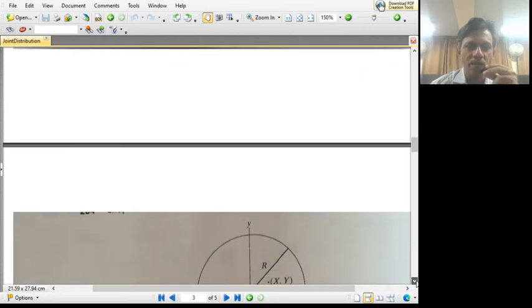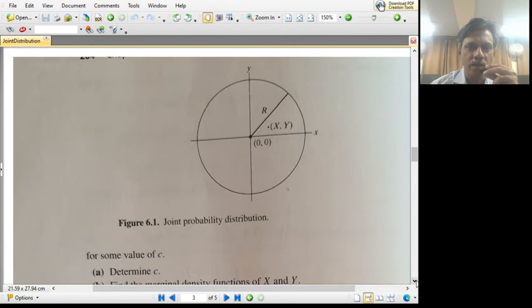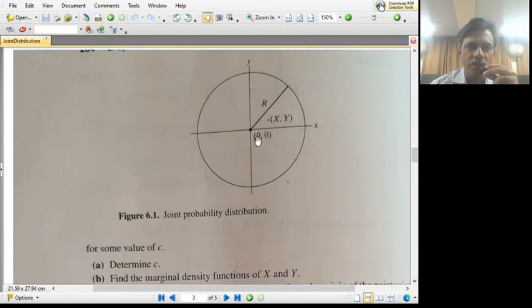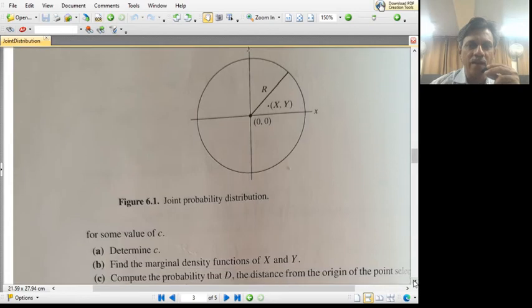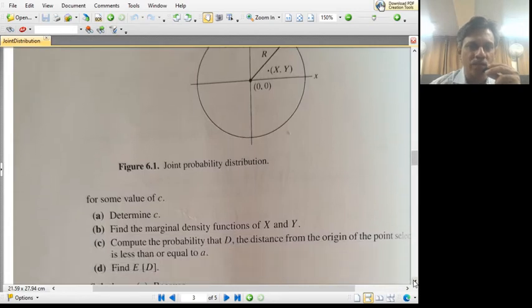Now for this kind of distribution, 0 comma 0 is the origin, small x and small y span the plane, and r is the radius of this circular region. The two random variables x and y denote a point that is randomly placed in this region. So this point can occur anywhere with uniform distribution within this region.